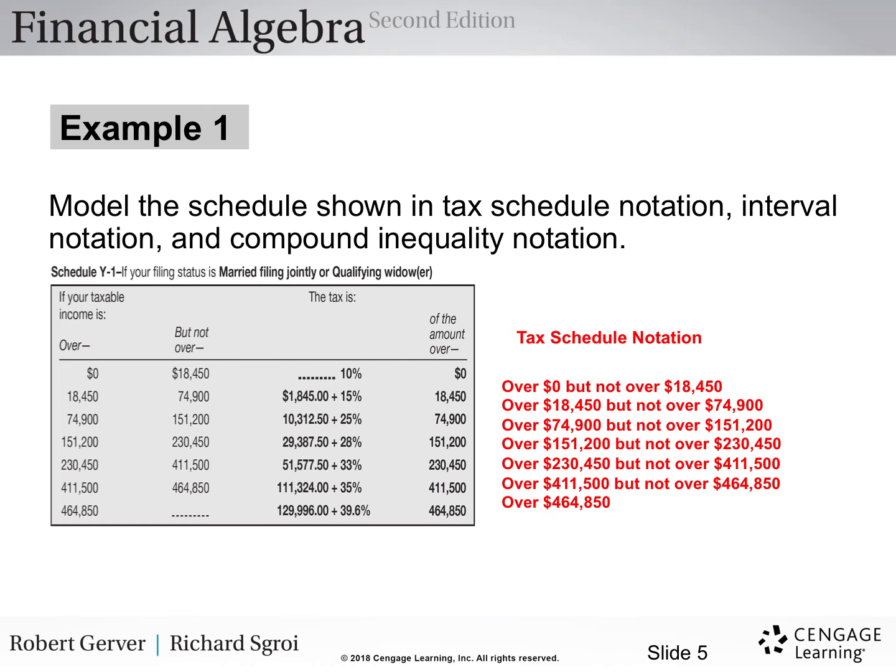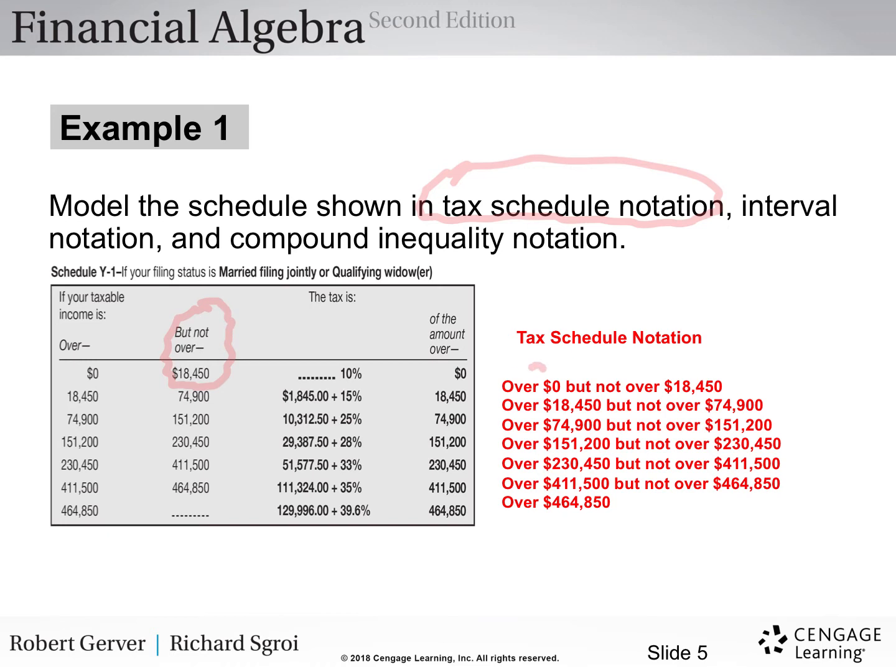So if we were to convert this to tax schedule notation, basically what you're going to do is take this schedule form here and rewrite it somewhat mathematically but with words. For example, this first line would read over $0 but not over $18,450.